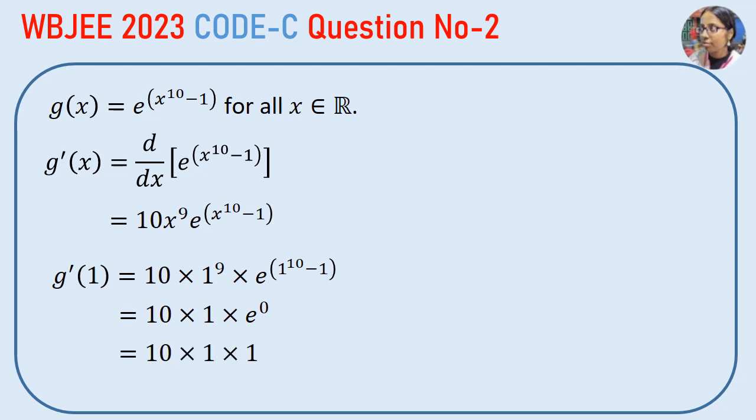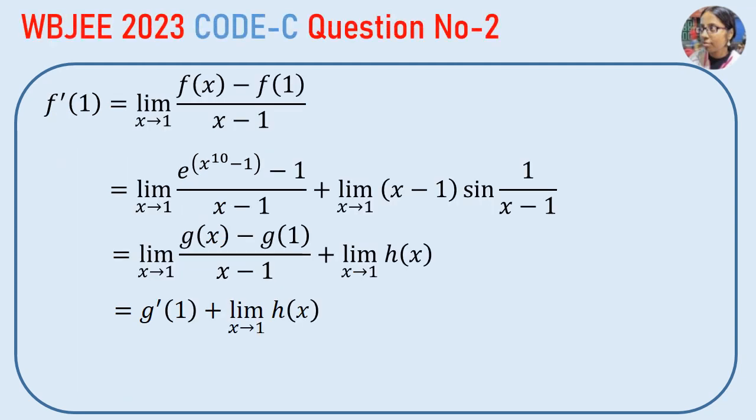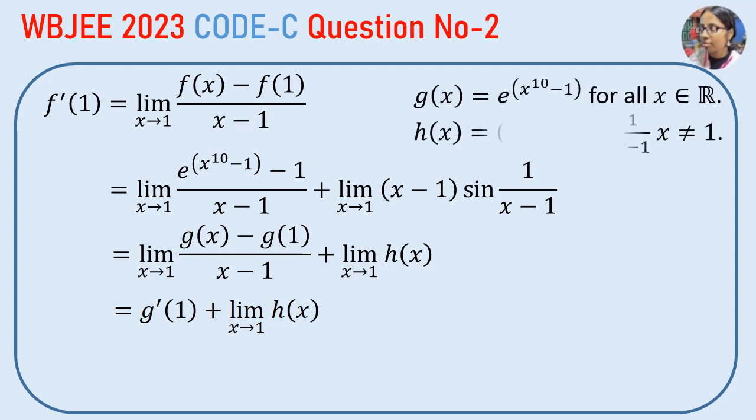So this is equal to 10 into 1 into 1, which is equal to 10. So we have g prime of 1 is equal to 10. Putting this value, we have f prime of 1 is equal to 10 plus limit x tends to 1 of h(x).